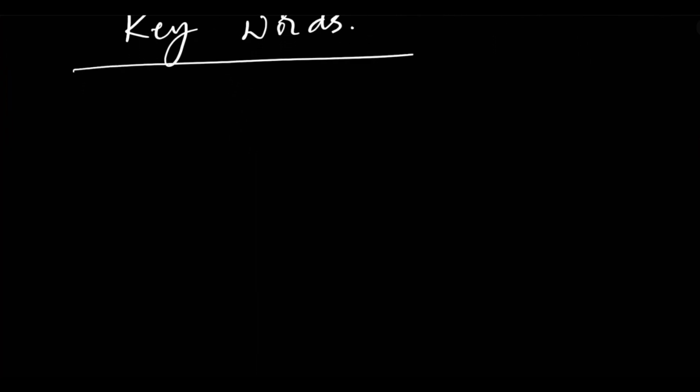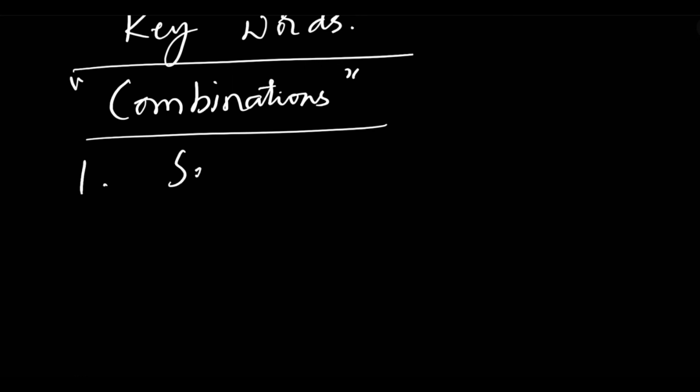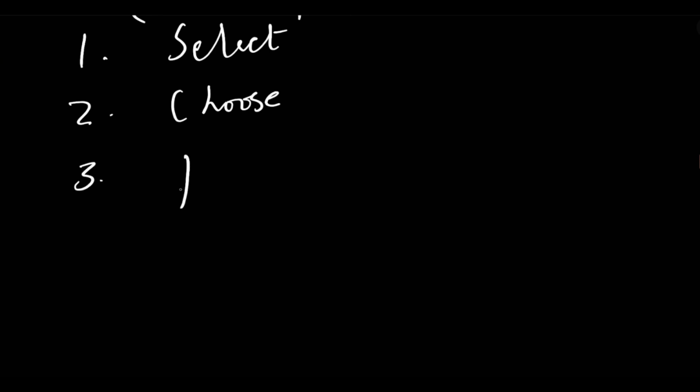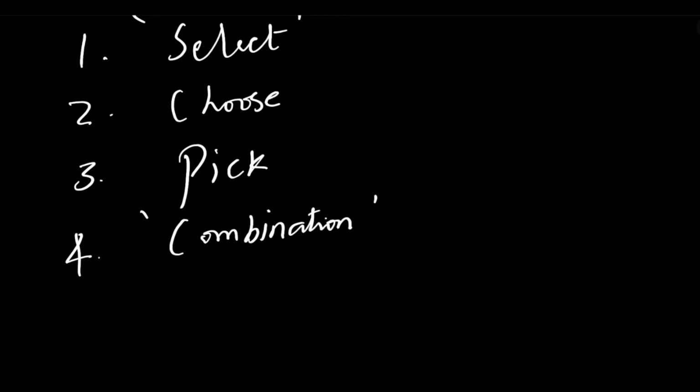First, the keywords in problems based on combinations: select, as we just saw, or choose some items or objects, or pick up some 3 or 4 items from out of 10 items, or make a combination of 3 items out of 10 items.